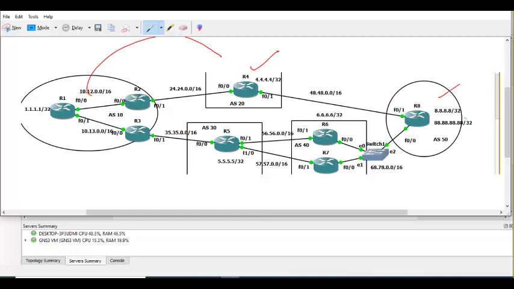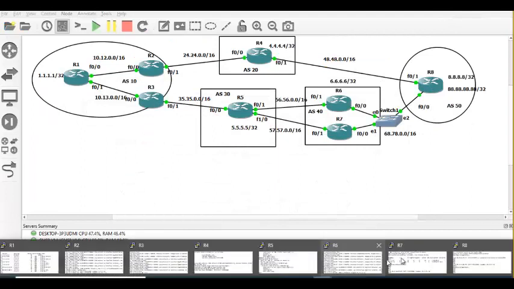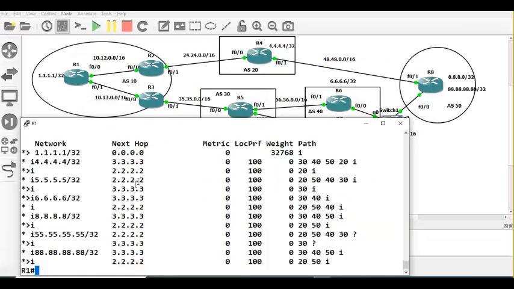Likewise, 8.8.8.8 and 88.88.88.88 are just two hops. If you go via the below path, it is 1, 2, 3, a long distance. So for 4.4.4.4, via 2. 8.8.8.8 via 2.